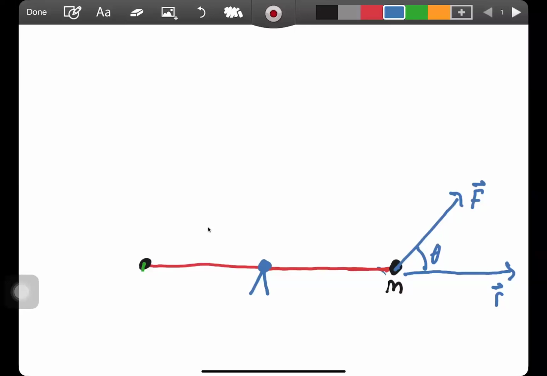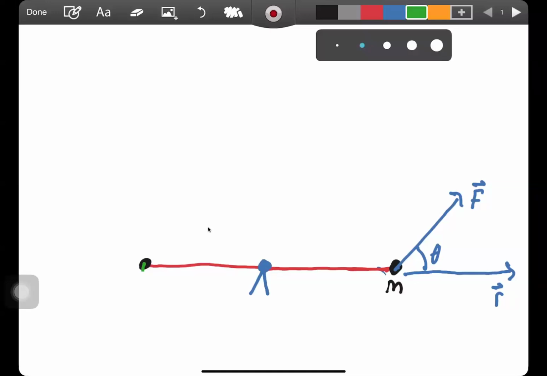And it's projecting radially, in this case, out to the right. And then there's some force F. And the question now is, how much of that force F actually gets this object to rotate?